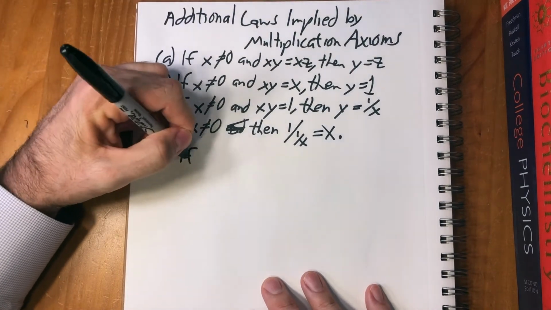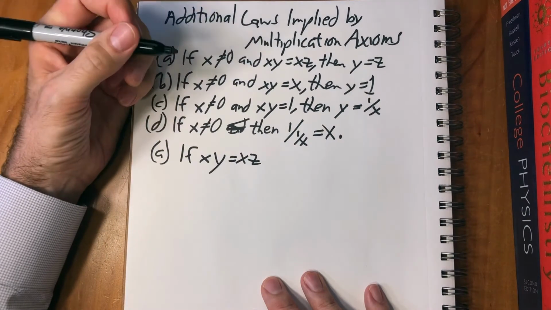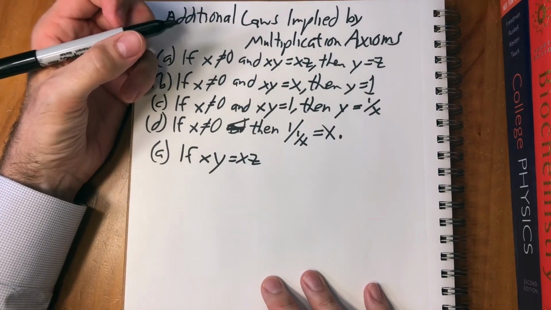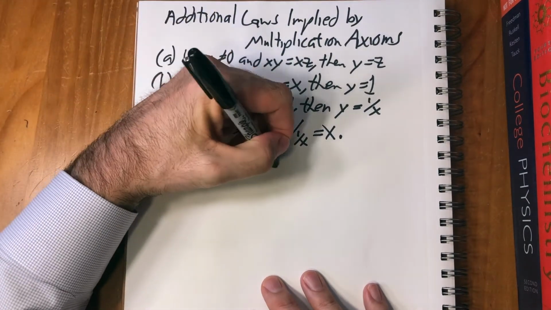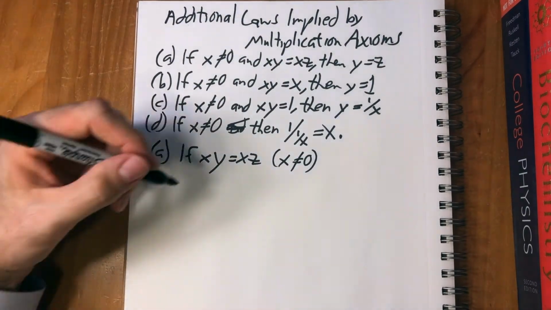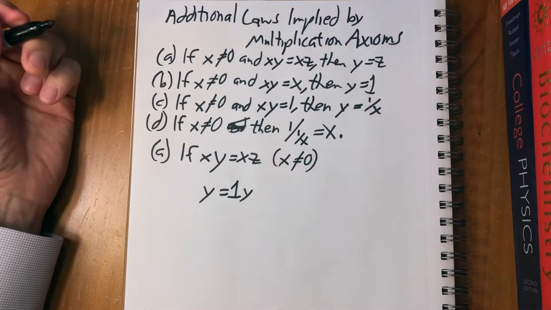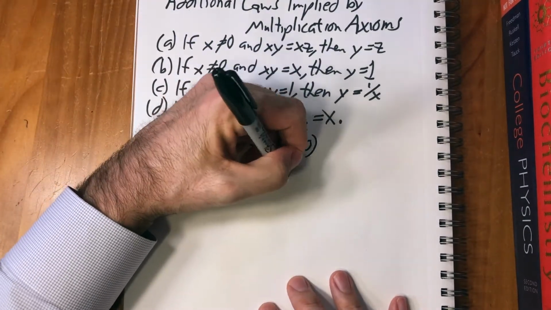So the same thing, if we start with xy equals xz, and x does not equal 0, then we start with y equals 1 times y. That's identity.